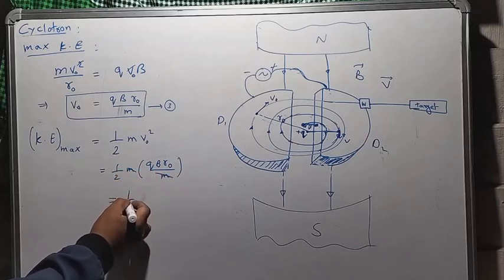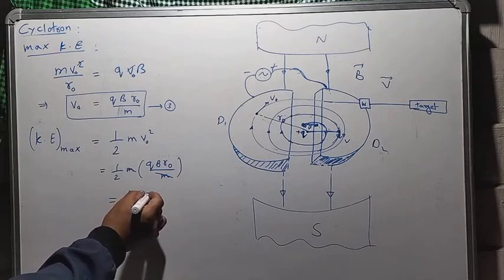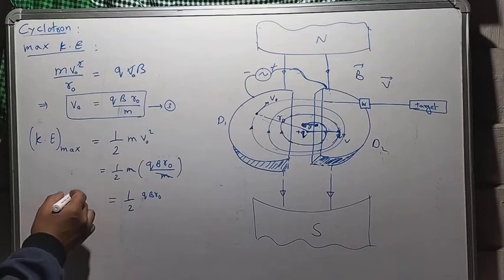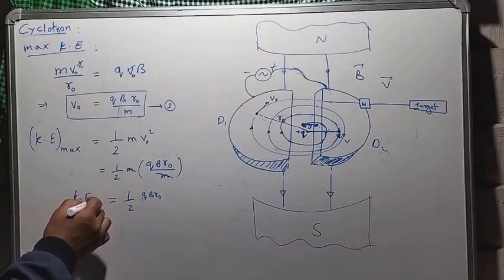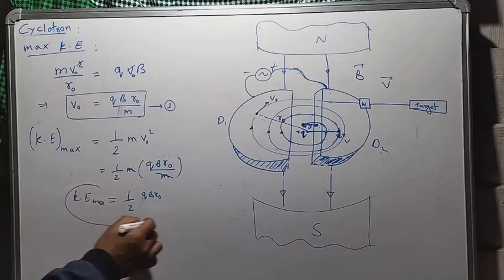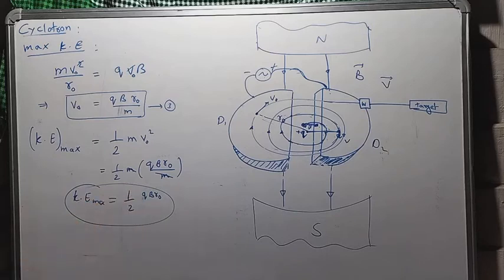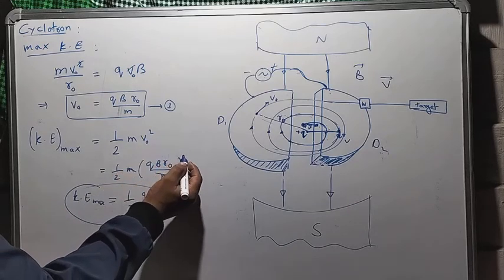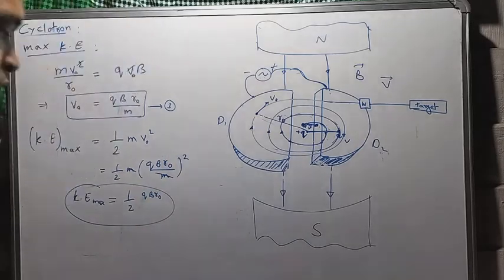So the maximum kinetic energy of the charged particle inside the cyclotron is equal to half m times qBr0 upon m. Sorry, I think I made a mistake because I missed out the square here, so I should write a square. Sorry for the mistake.